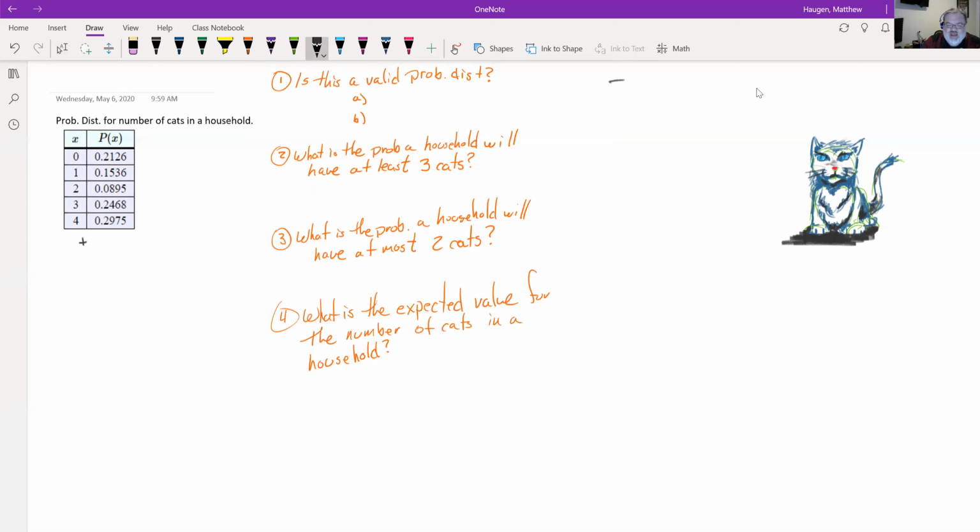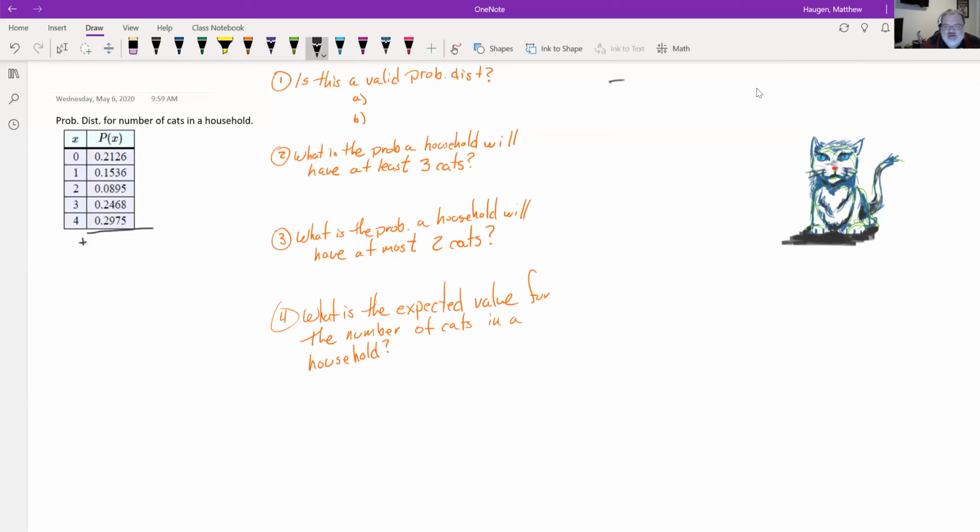So if we added these all up, they'd better equal 1, or really close to. Sometimes if there's rounding involved, you might get 0.9998 or 1.0001. But these should, other than for rounding, add up to 1.